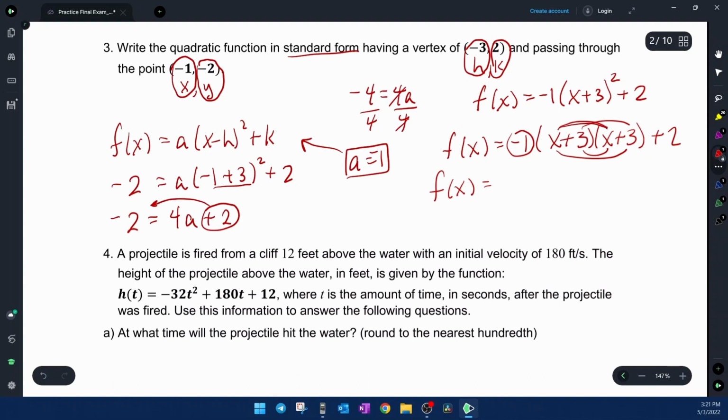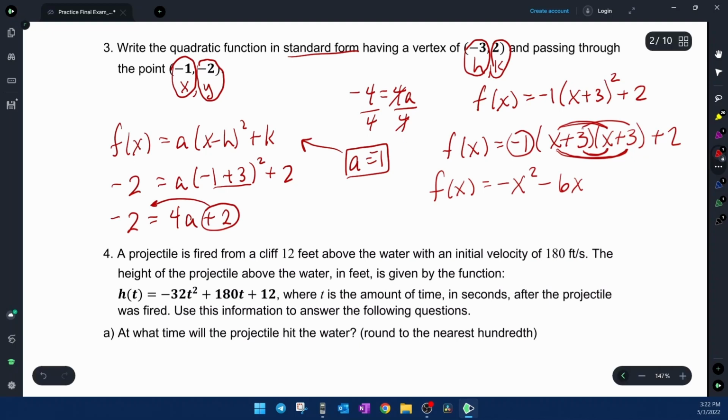Here we go. X times x, x squared, distributing the negative 1 makes it negative. I'm going to have a plus 3x and a plus 3x, making plus 6x, which becomes minus 6x if I distribute the negative 1.